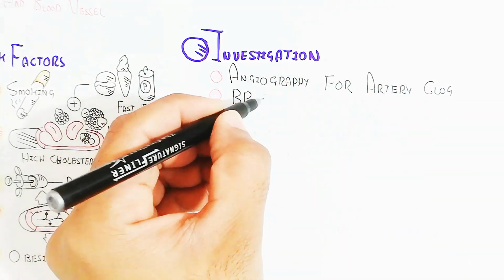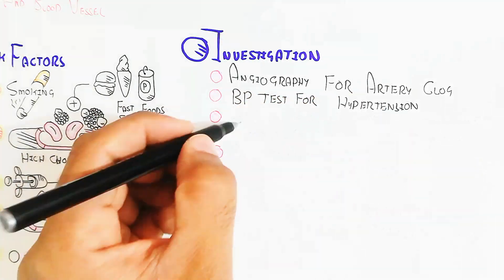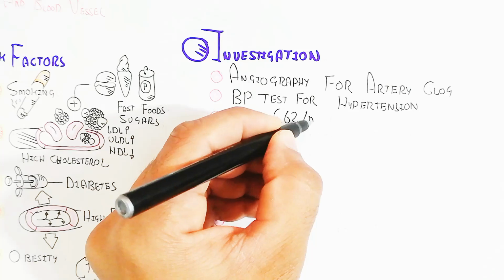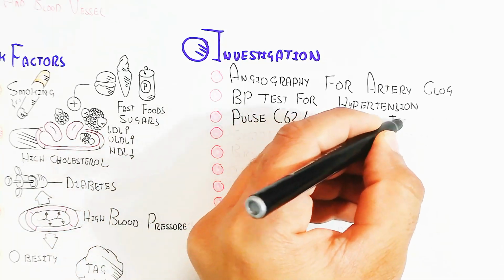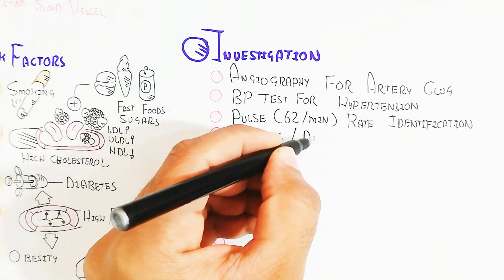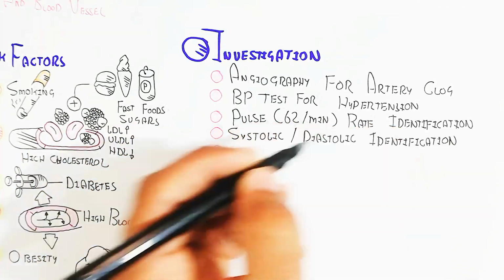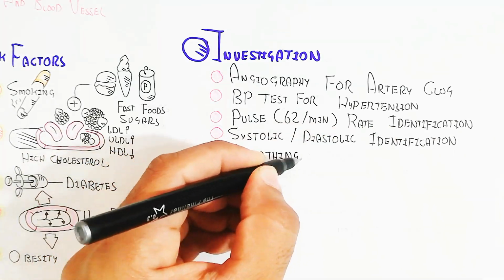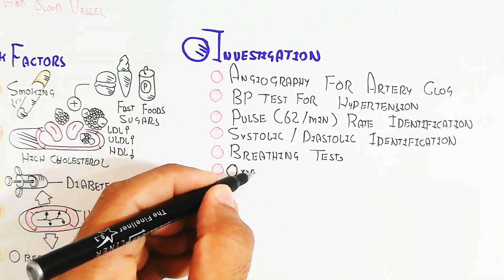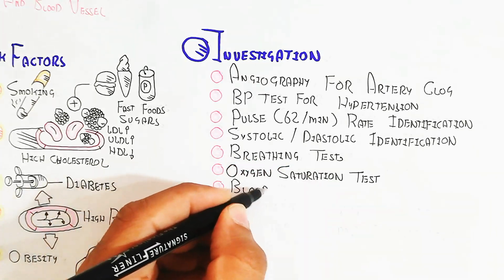Investigation includes angiography for artery clog, blood pressure test for hypertension, pulse rate checking, where normal is around 62 per minute, rate identification, systolic and diastolic identification, a breathing test, oxygen saturation test and blood test, hypoxemia identification, and pulmonary edema identification. Urine tests are also involved.